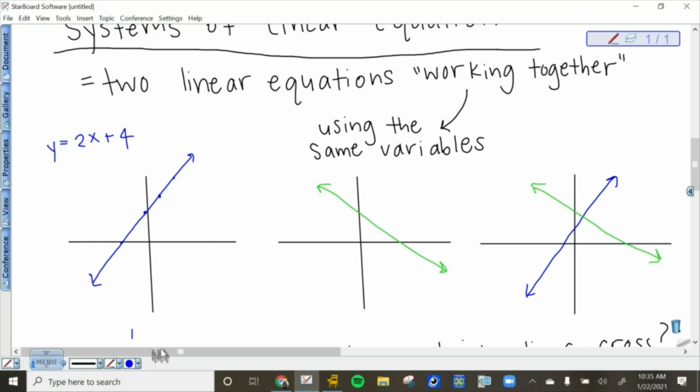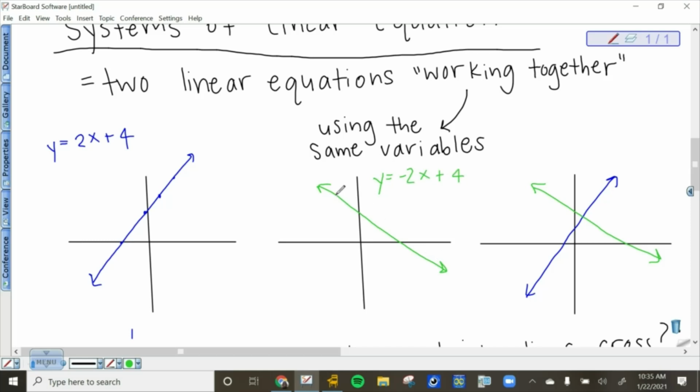Same with this line. Let's pretend this is y equals negative 2x plus 4. I know that this blue line had a positive slope because it's going up from left to right. This green one has a negative slope because it's going down.